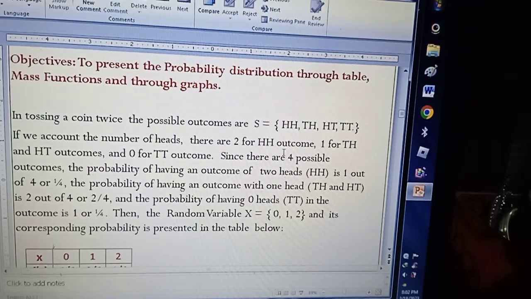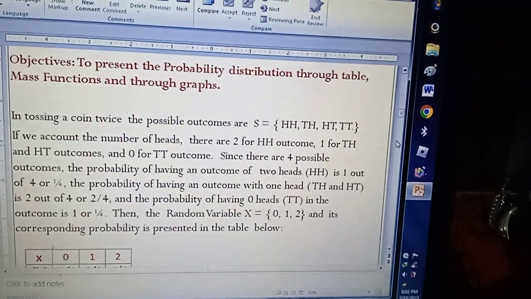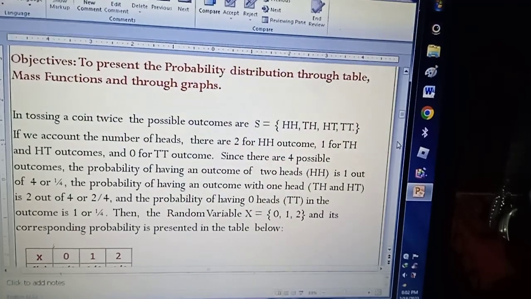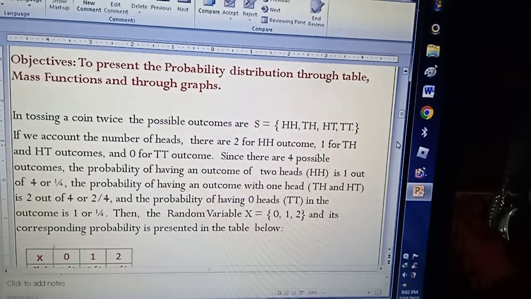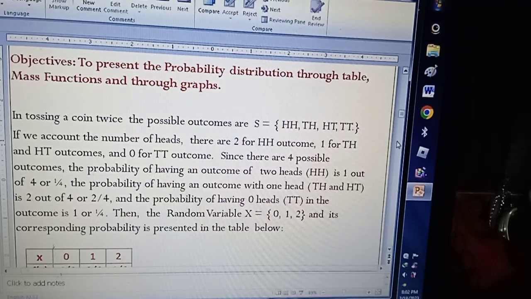So let us remember, in tossing a coin twice, the possible outcomes are S equals HH, TH, HT, and TT. It means head-head, tail-head, head-tail, and tail-tail.